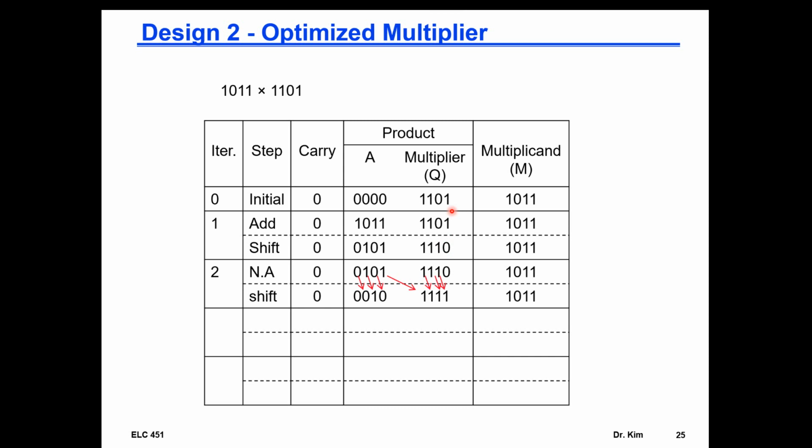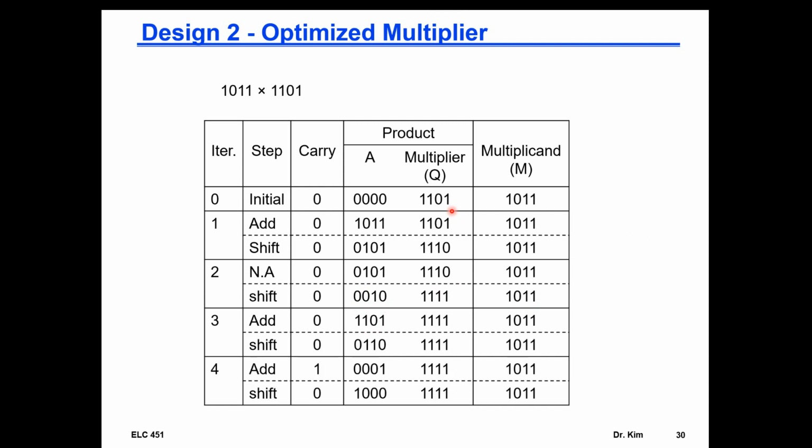Again, you look at the bit, the least significant bit, and you add, and then you have your results.